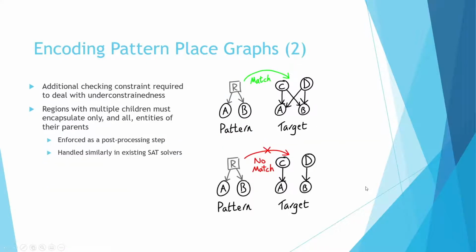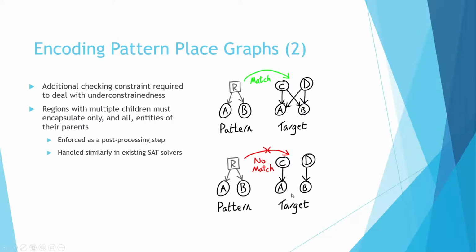So this representation of abstract nodes as degree constraints works for the most part. However, it is slightly under constrained, and that's because of the case where you have a region with multiple children. Regions with multiple children must encapsulate only and all entities of their parents when it undergoes decomposition in matching. So for example here, we can see that if we strip this abstract region node, with our current encoding, the A and B would consider this a valid match.